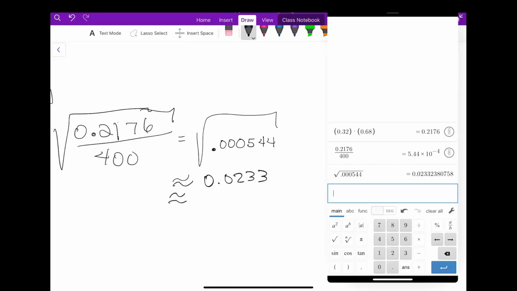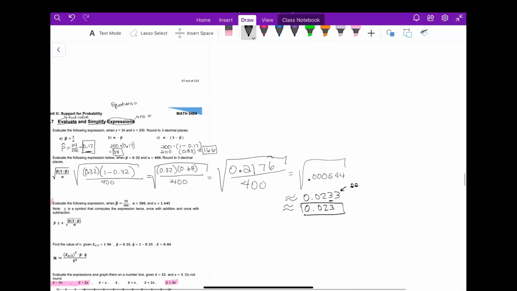So I already chopped. That means it's already approximate, and I'm about to round. This is rounding to 3 decimal places. So I'd look here. These are little eyes looking at that 3. This makes me stay at the same number, and then I drop everything else. So my value is approximately 0.023.